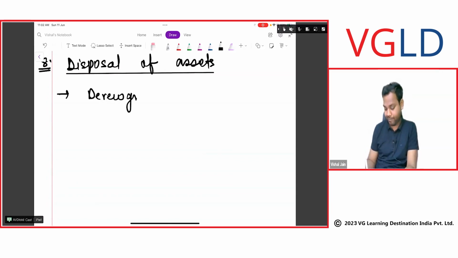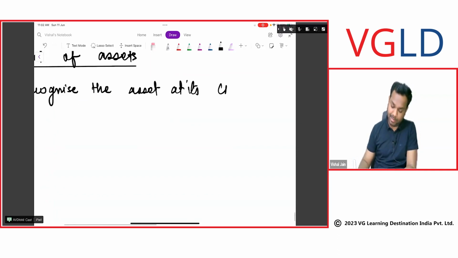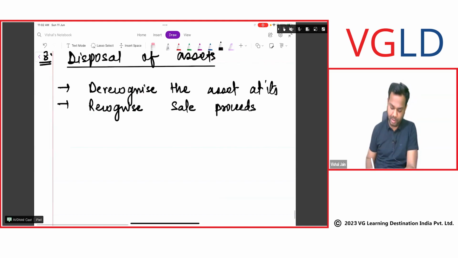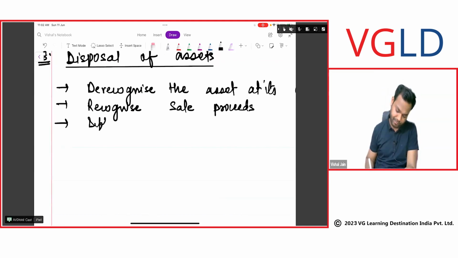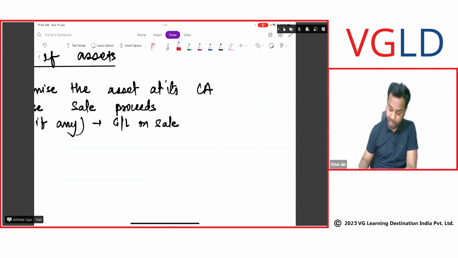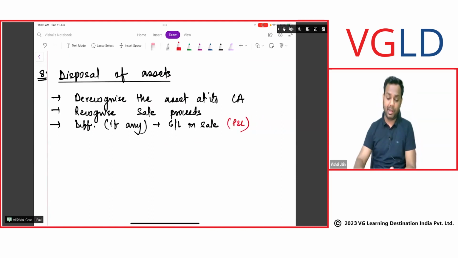Recognize the asset at its carrying amount, then recognize sale proceeds, then the difference, if any, should be recognized as gain or loss on sale in P&L. In P&L. Is it clear, everyone?